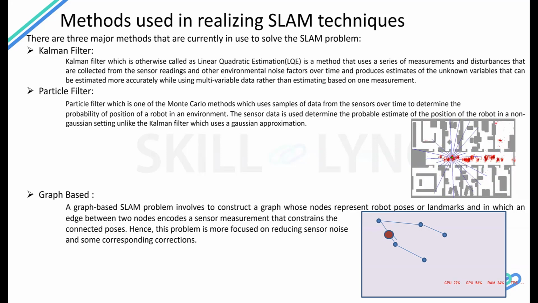Now, the graph method can be considered as an offline SLAM method, right? What is an offline SLAM method? Like we discussed earlier, you generate a map based on the sensor input, and you use that at a later stage to localize yourself onto the map. That's what is happening here.